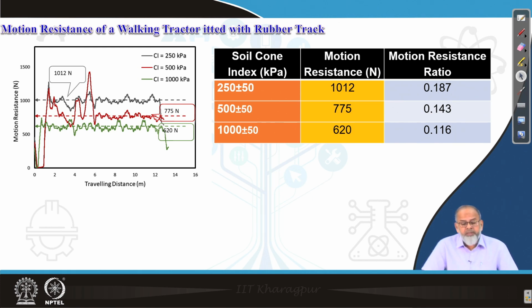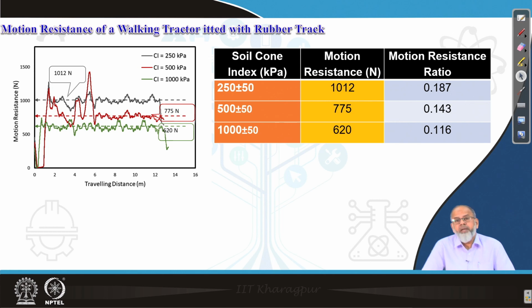When the soil cone index is 500 plus or minus 50 kilopascal, we take it as medium soil, and when it is 1000 plus or minus 50 kilopascal, we take it as hard soil. For these 3 soil conditions, the motion resistance values are 1012 Newton in soft soil, 775 Newton in medium soil, and 620 Newton in hard soil.